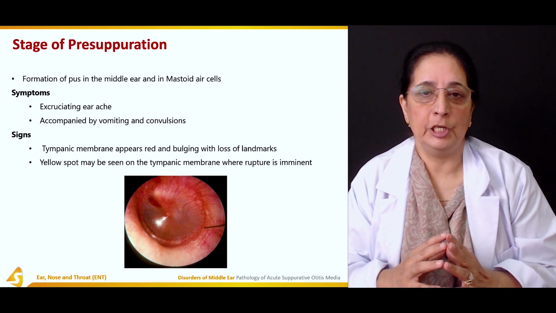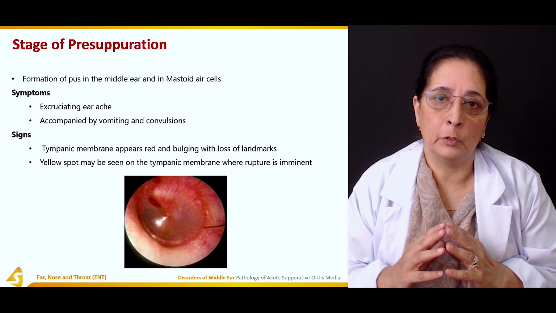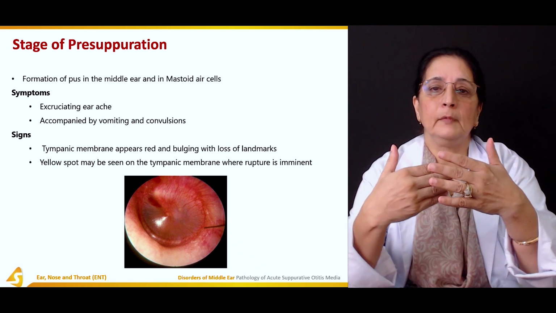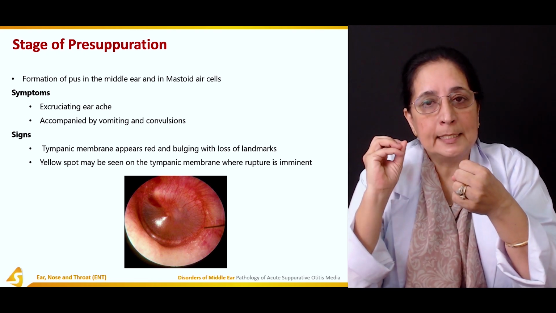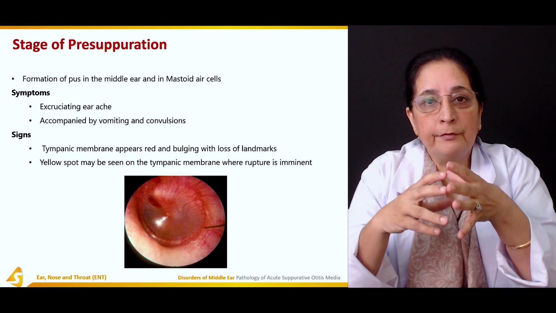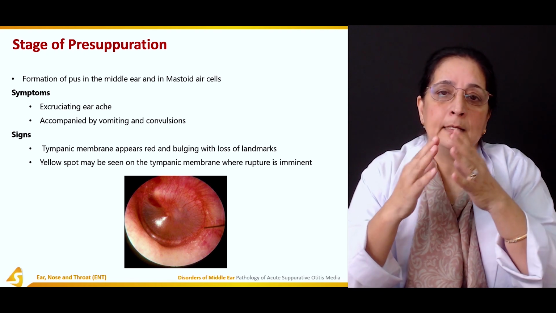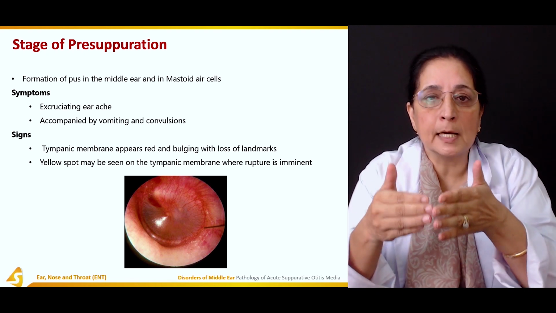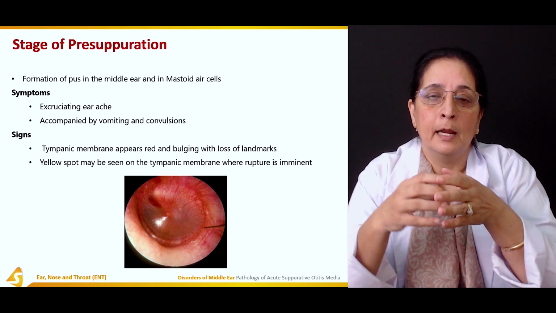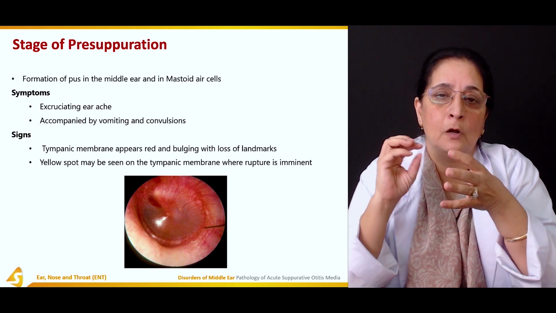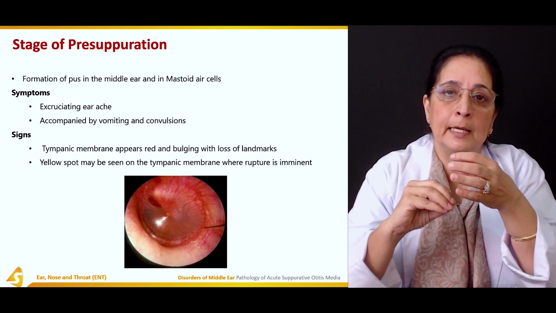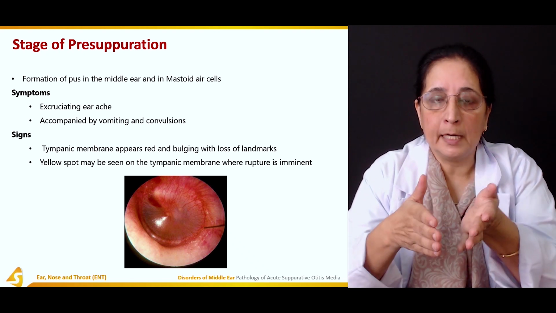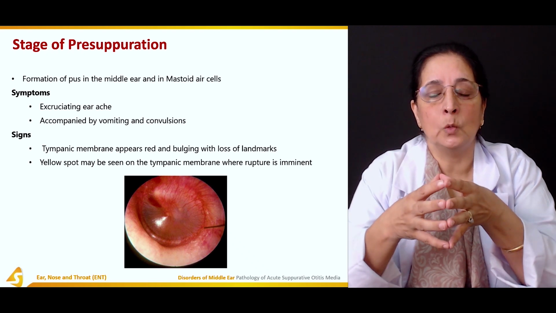All these changes which you can notice, like symptoms like pain, earache, and then tinnitus, fever, are a result of formation of pus in the middle ear, and earache because the pus is exerting pressure on the tympanic membrane, and the tympanic membrane is bulging out.